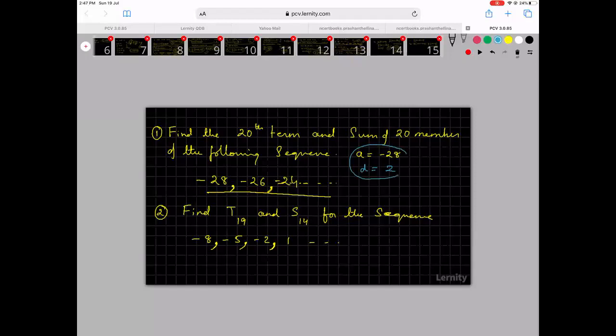With these two, I can find out whatever I want. The 20th term means minus 28 plus 2 into 19. So 2 into 19 is 38, so you will get 10. Then they want the sum of 20 members. Sum of 20 members will be 140.